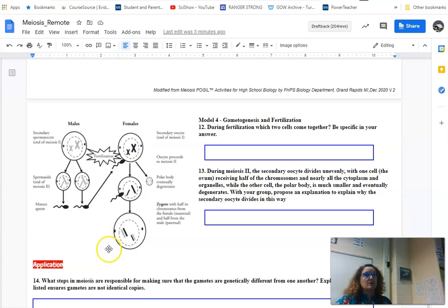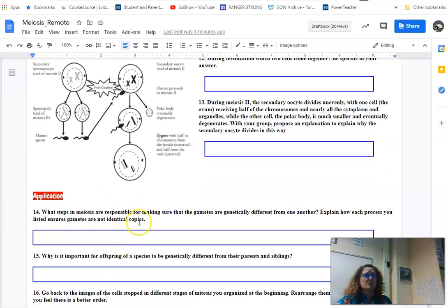From there, there's just a couple of questions to summarize. Go back, think about what's going on, how it's similar to mitosis, different, etc. Again, the end product of meiosis is gametes, the sperm and the egg with half the chromosomes. Those two halves combine to make a complete zygote.